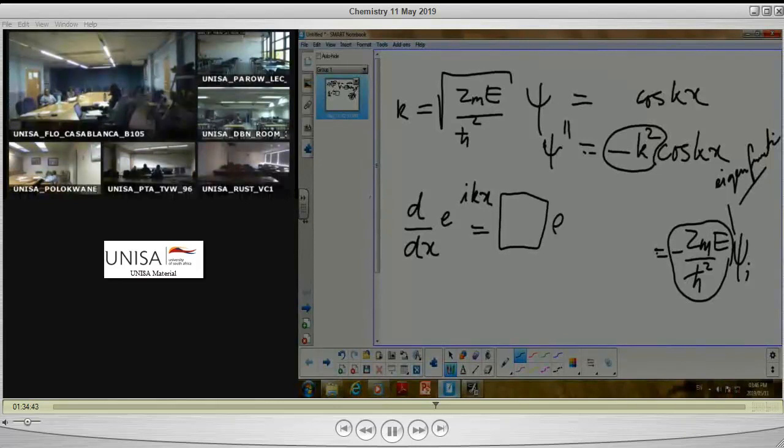So what do we get here? Ik, isn't it? Yes, Ik. Which means that the function is an eigenfunction, because we are able to take the first derivative and get the original wave function times a constant.